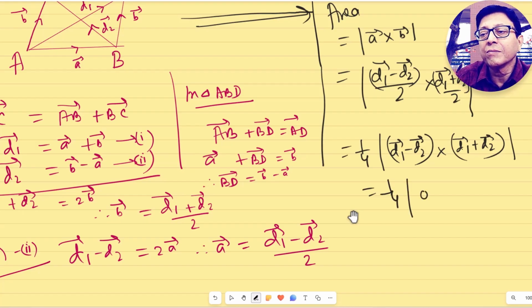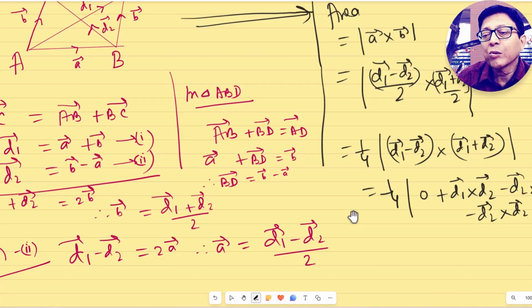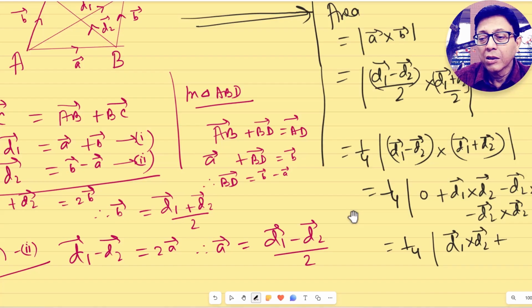Just write there (d1 minus d2) by 2 cross (d1 plus d2) by 2. Clear? You take 1/4 outside. This is going to be (d1 minus d2) cross (d1 plus d2).